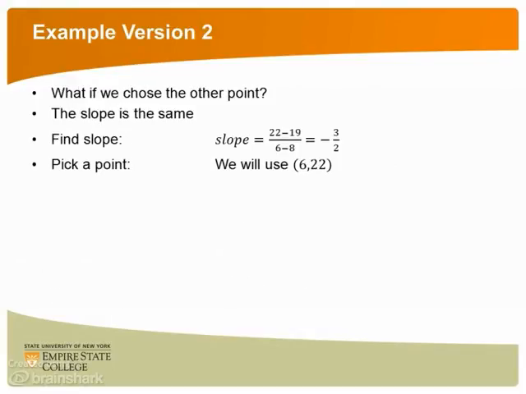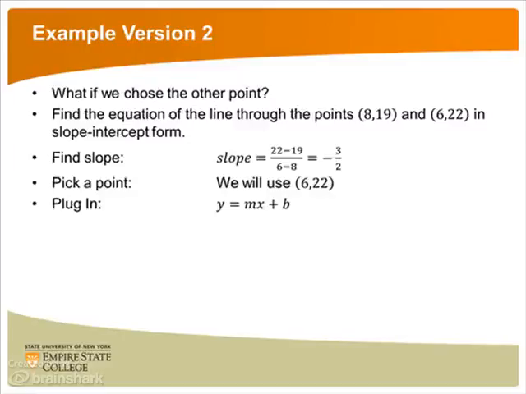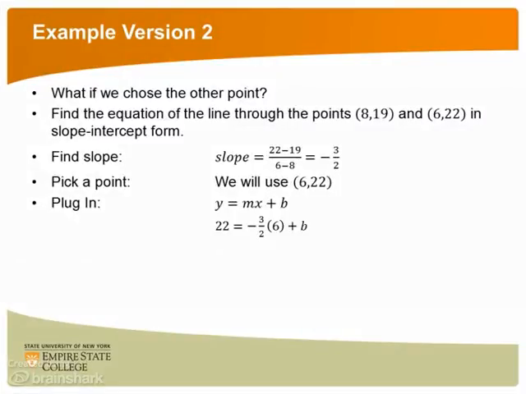What if we chose the other point? Well, the slope is exactly the same, and this time we select the point (6, 22). Again, we want to find the slope-intercept form, which is y equals mx plus b. Our slope is negative 3/2, the x value is 6, and the y value is 22.